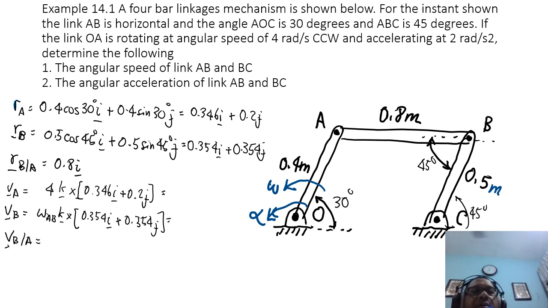Oh, I made a mistake here. This VB is omega BC. This VBA is omega AB K cross, and B relative to A is 0.8 I. So you can solve this.